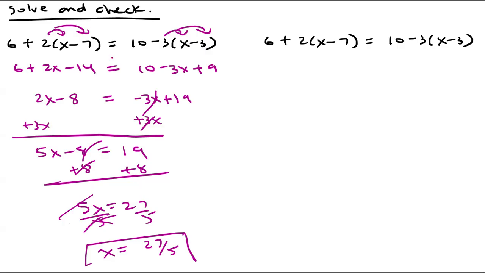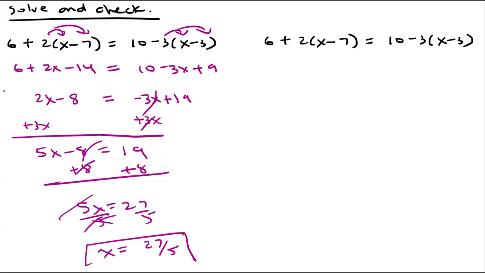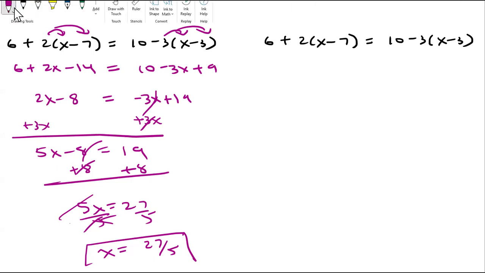Okay, so now we need to check it. So we solved for x, so now we need to check it to see if our solution is correct. Okay, so, all right, we're going to have 6 plus, let's try to use a different color here.